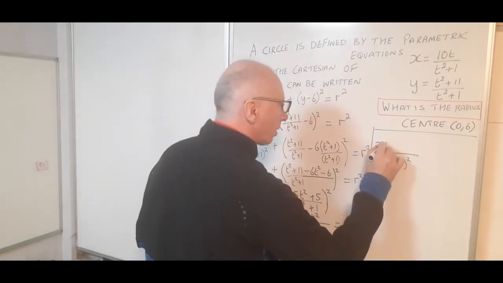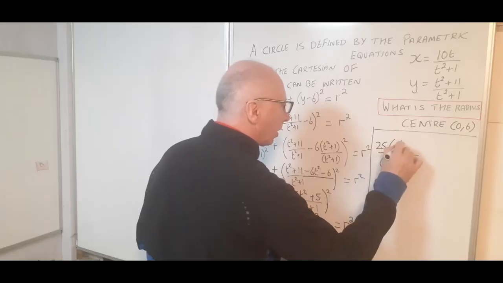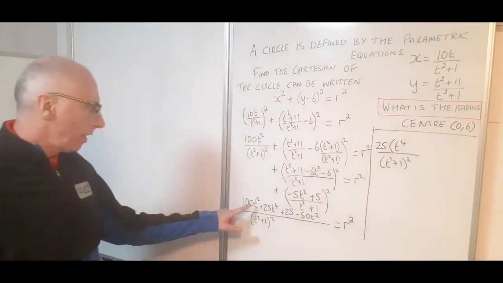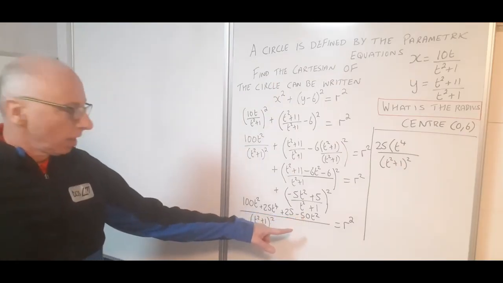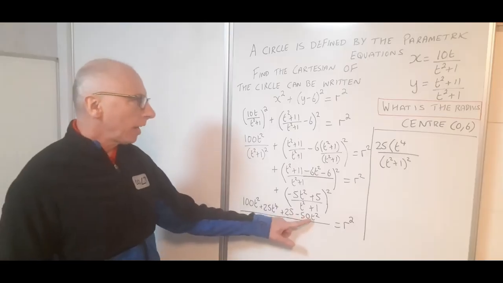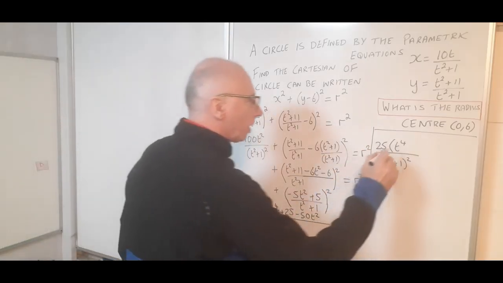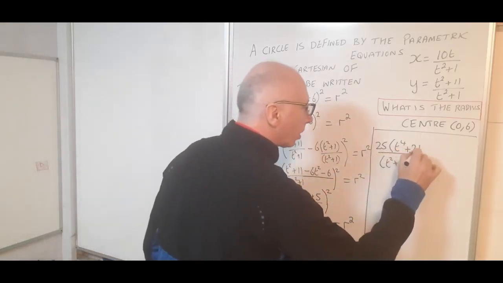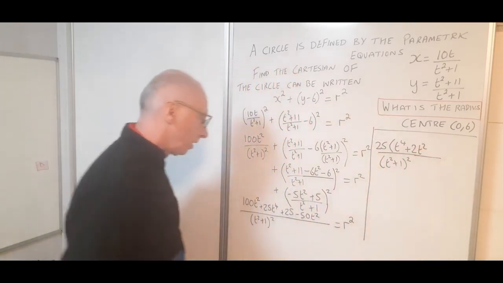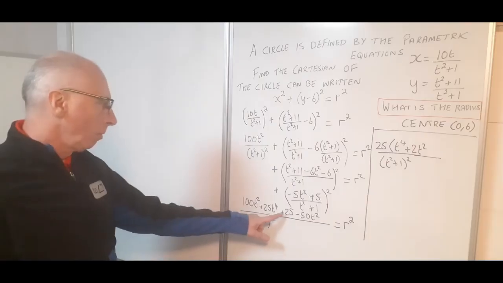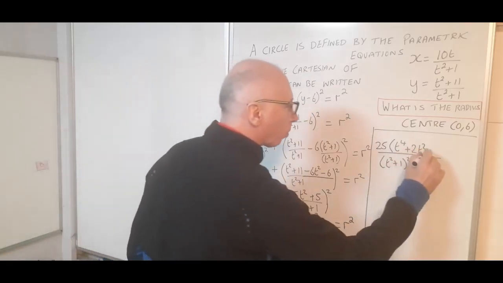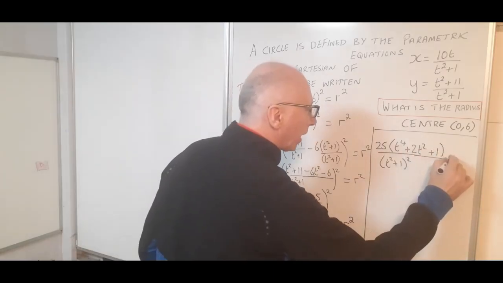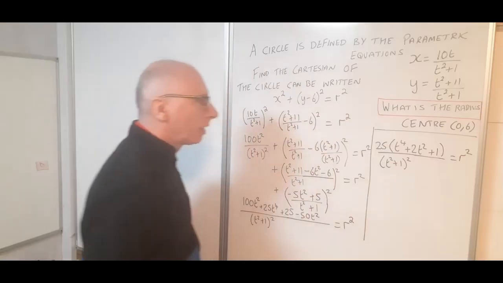Then the t squared, I've got 100 minus 50, it just leaves me 50. So 50t squared, taking out a 25, that's going to give me plus 2t squared. And then I've got plus 25, take out 25 of that, I'm left with plus 1. Okay, and that equals the radius squared.